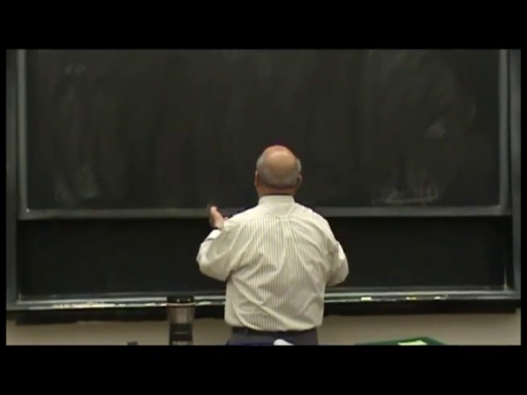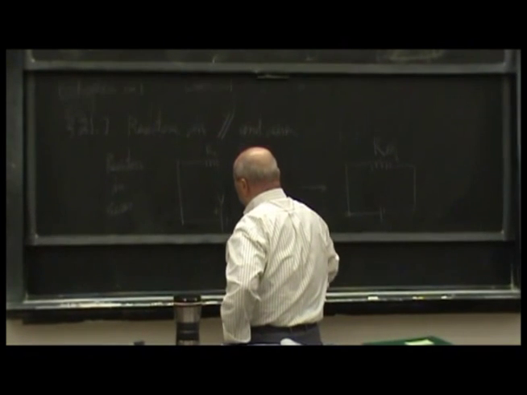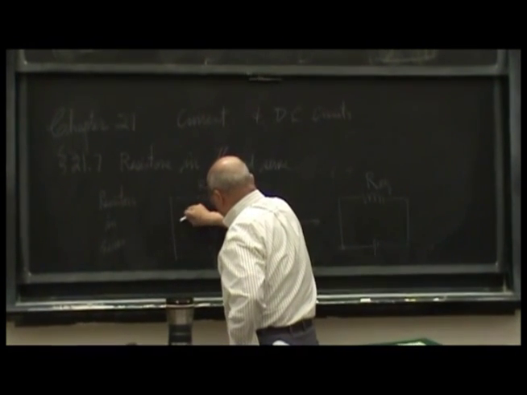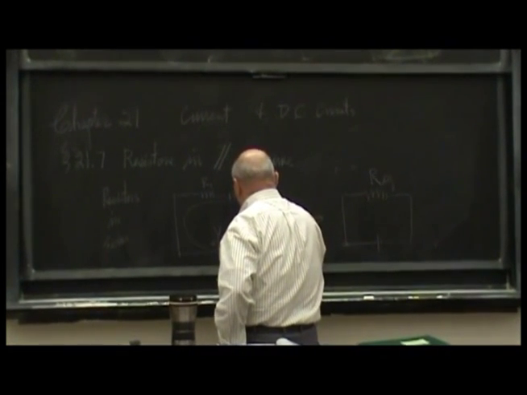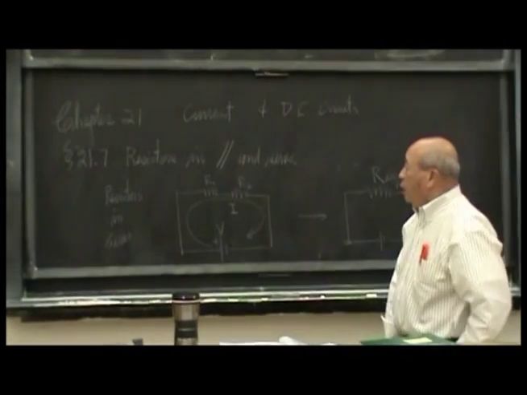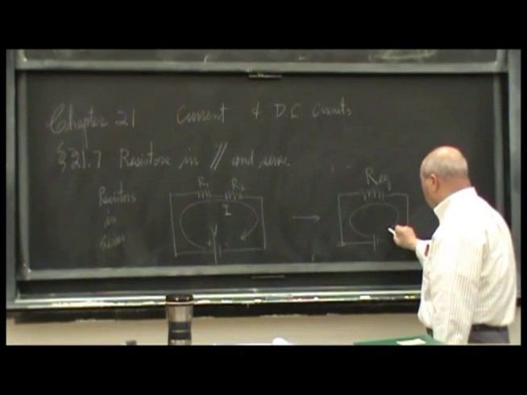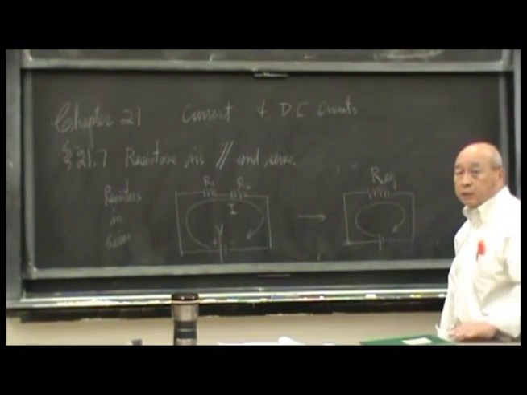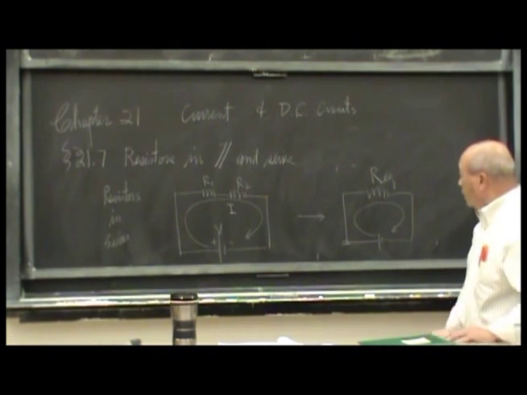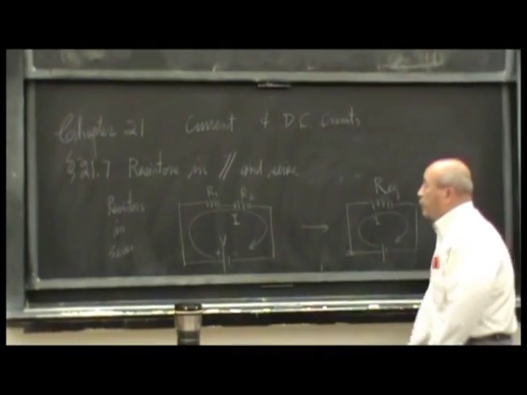So we have a current. When we have two resistors in series, the current going through both resistors is the same.